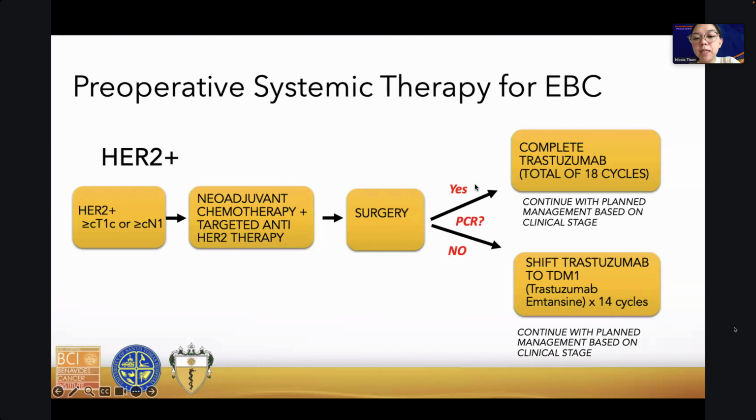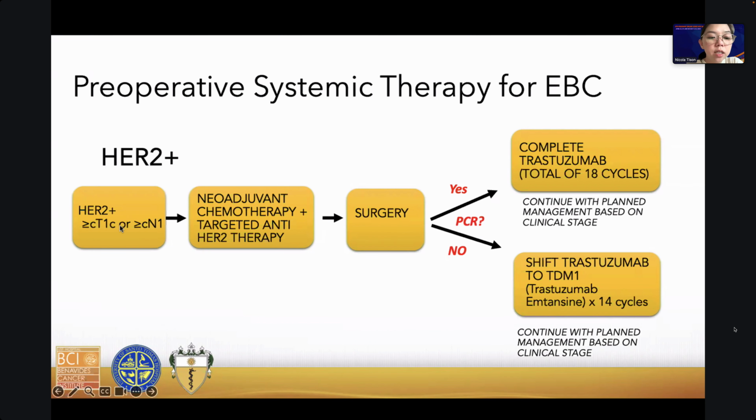If they achieve a PCR, then you just complete that trastuzumab for a total of 18 cycles, or trastuzumab and pertuzumab. But if they do not achieve a PCR, ideally, we want to shift these patients to a TDM1 or trastuzumab emtansine, which is a trastuzumab conjugated to a chemo drug, for 14 cycles. And based on the KATHERINE trial, again, this improves overall survival.